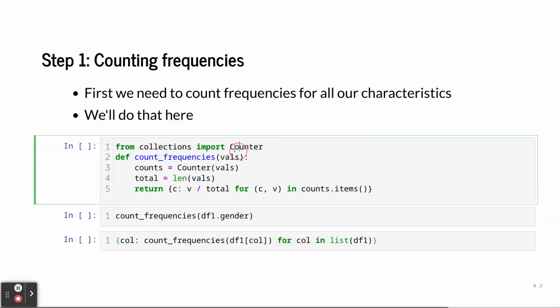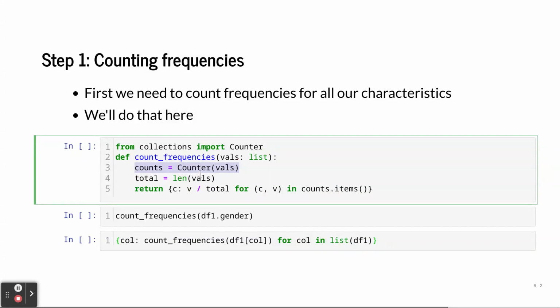We'll import the Counter type from this module, and we'll define one function called count_frequencies, which accepts a list as an argument. The first thing we'll do is send our list of values into the Counter type.